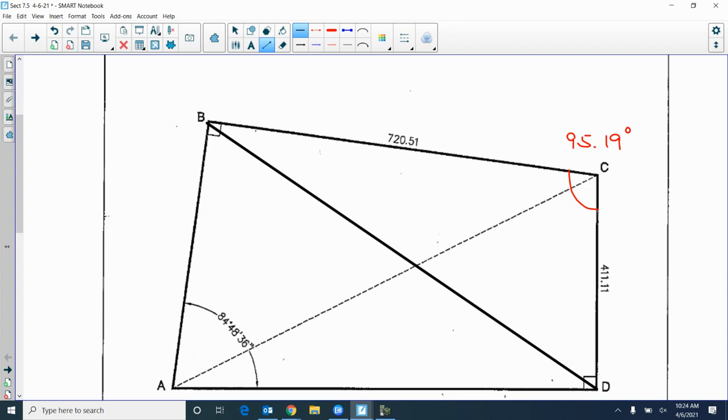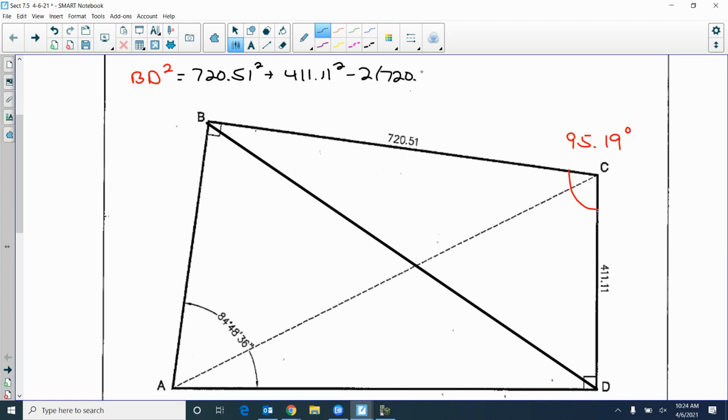But you should take now, I don't memorize the formula like a squared plus b squared, any of that. I just know if I got side angle side, in this case BD squared is going to equal the side 720.51 squared plus 411.11 squared minus 2 times 720.51 times 411.11 cosine 95.19.